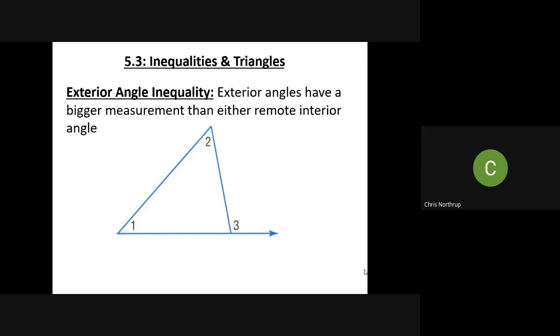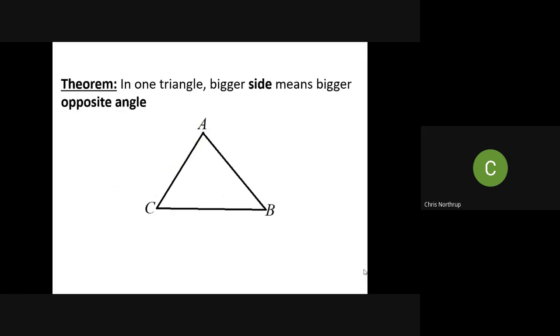Another inequality we're going to see, or kind of like a main idea: if you have one triangle, the bigger the side you're dealing with, the bigger the opposite angle. So for this triangle ABC, let's suppose that we have some side lengths like 12, 13, and 15.